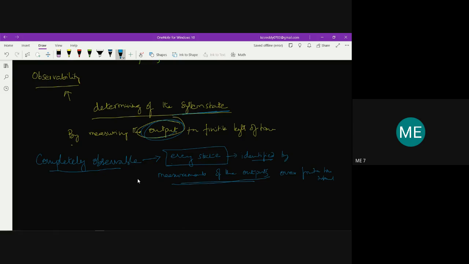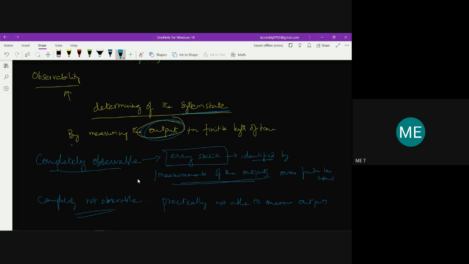If the system is not completely observable, it means we are practically not able to measure the outputs, which are shielded from the observation.